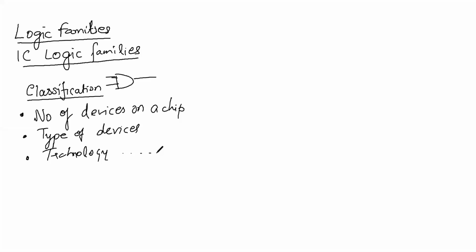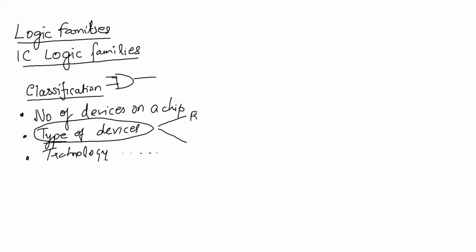We will not go into the problem of classification. We will only do classification based on the type of basic devices being used. On this basis, I have two groups of families.